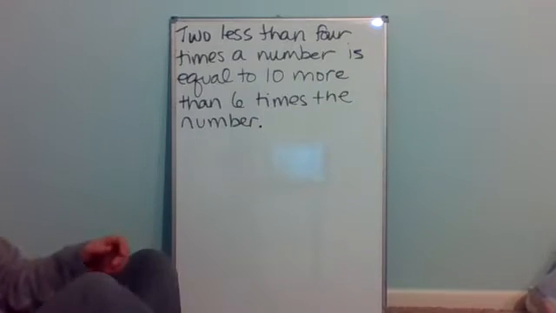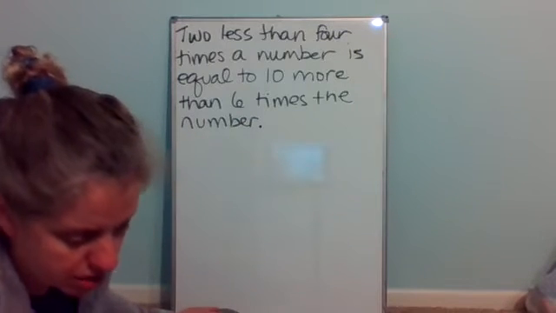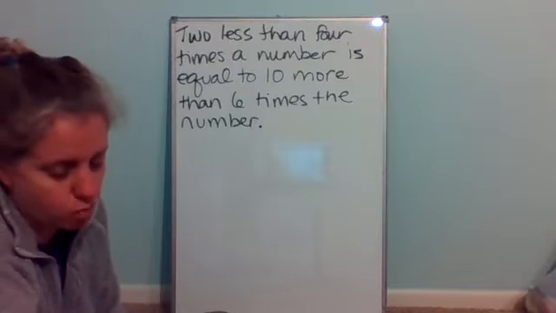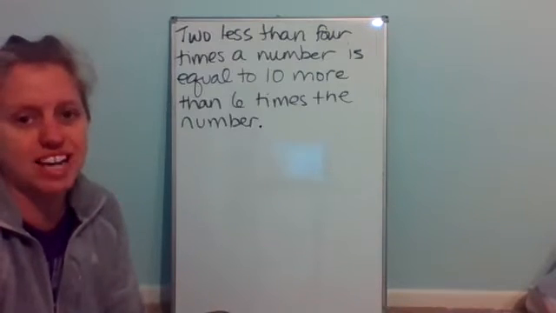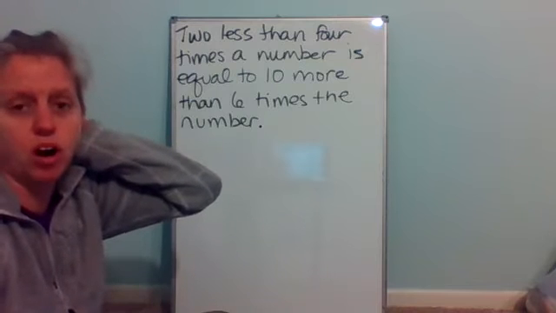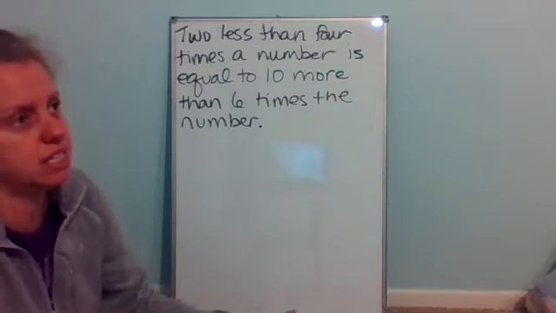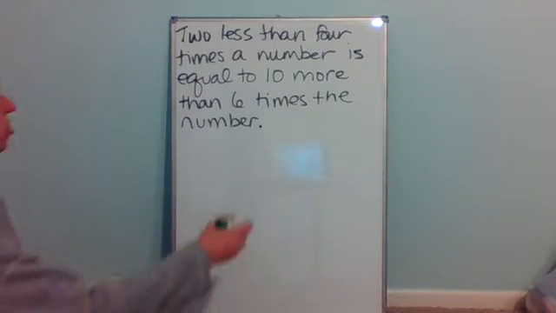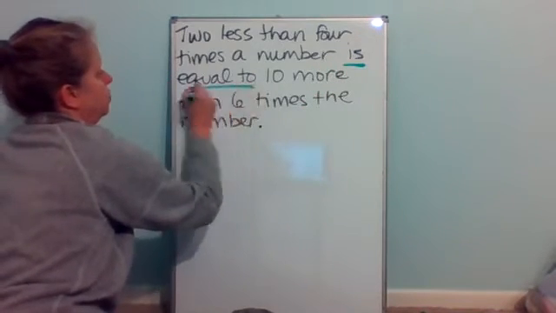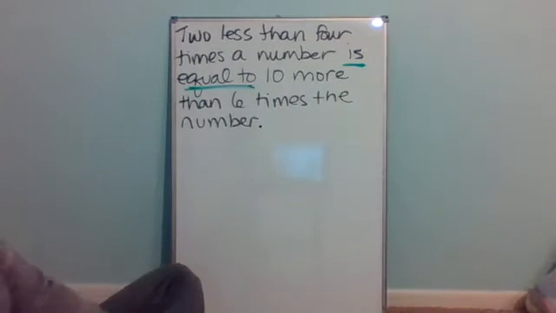So remember, the first thing that we did was go through and find where we would put our equal symbol. The words that you're looking for are is equal to, or is the same as, or amounts to. So this right here, this is equal to. That's going to be your equal symbol.